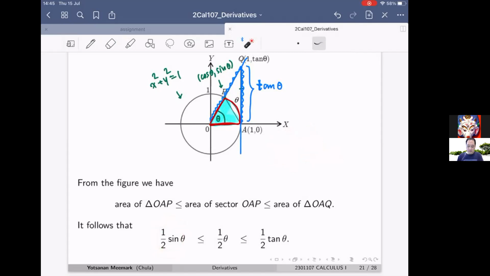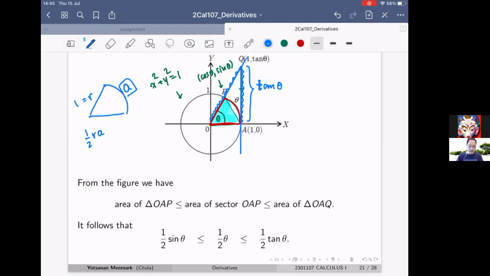How about the area of this sector? If this is R and this is the arc A, then the area of the sector will be 1/2 R A. However, this R is simply 1. How about this theta?